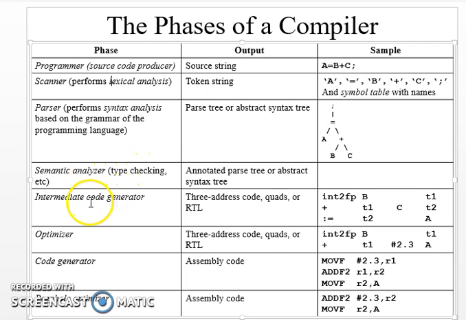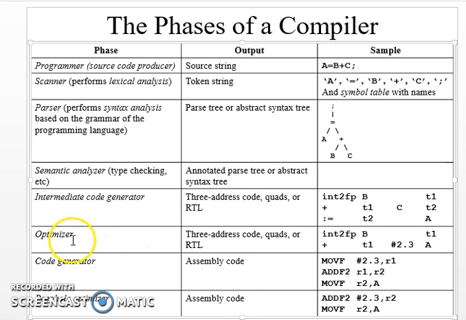And then after doing this analysis, it gives a semantic tree, and that tree is given as the input to the intermediate code generator, which produces different formats of intermediate code, either three-address code, abstract syntax trees, or some annotations.